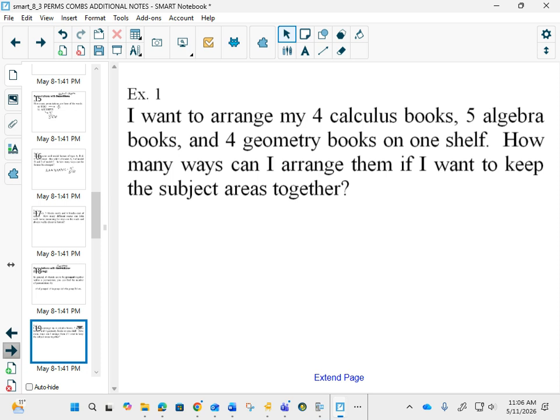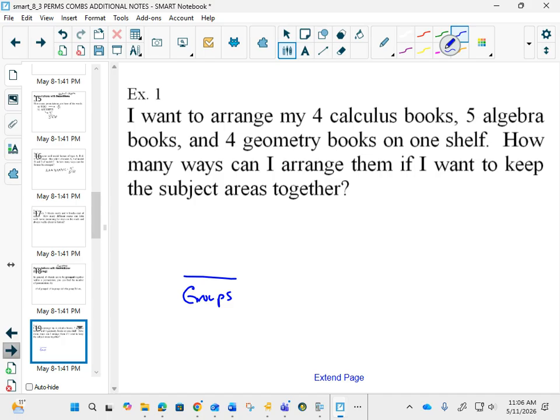So the first decision I have to make is, should I put calculus first, then algebra, then geometry, or should I put my algebra books first, then geometry, then calculus? So my first decision is arranging my groups.